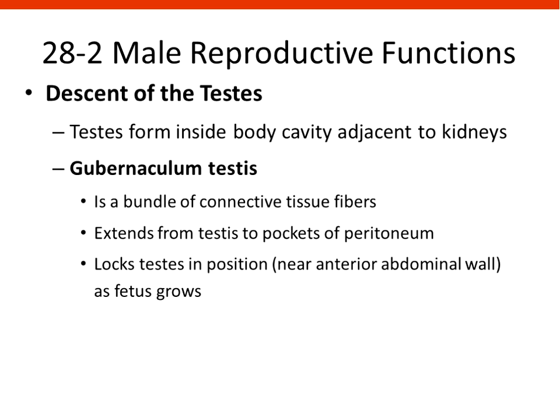Descent of the testes, this is also part of the video that I had you guys watch. Remember, the gonads, testes or eggs, are the same for males and females, so little baby girls and little baby boys, by 3 months of embryonic development, before that time, they're just gonads, and they're in the abdominal cavity, right next to the kidneys.